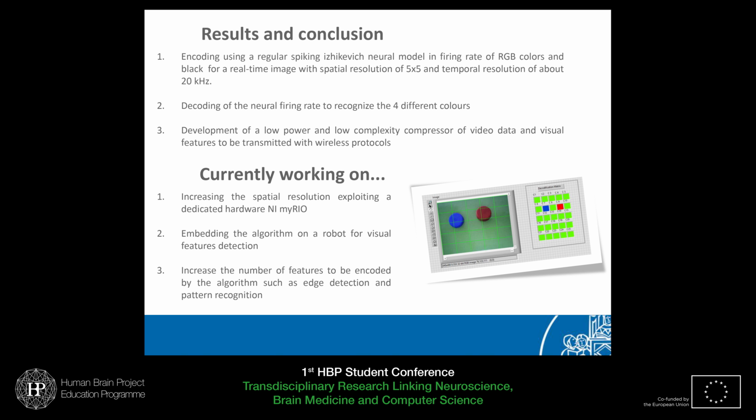I want to stress that neuromorphic encoding is really powerful because it allows us to compress the information we want to transmit, so we can transmit lighter packages of data, and in this way save power and energy during the working of our system.